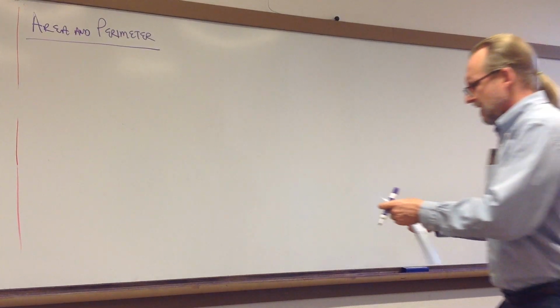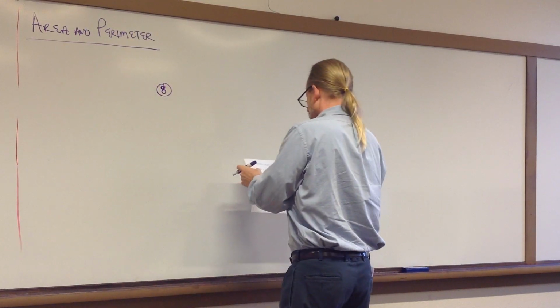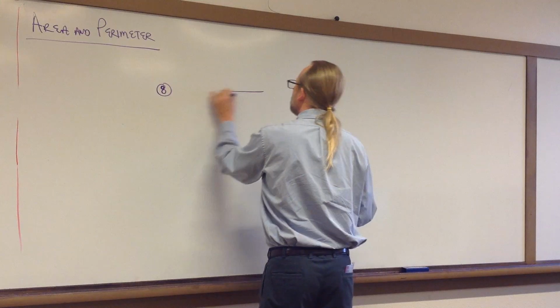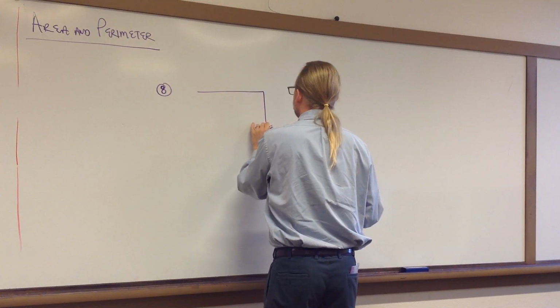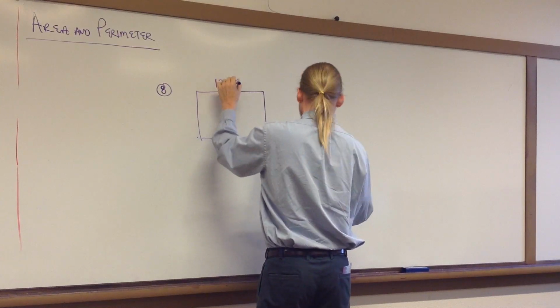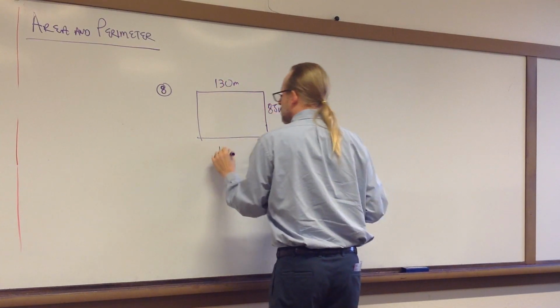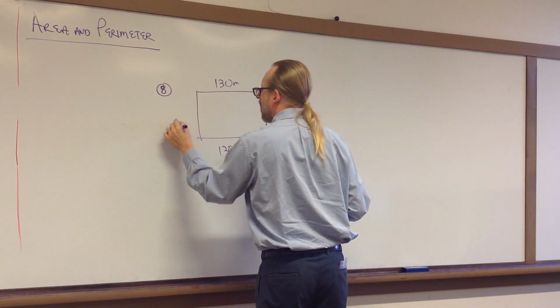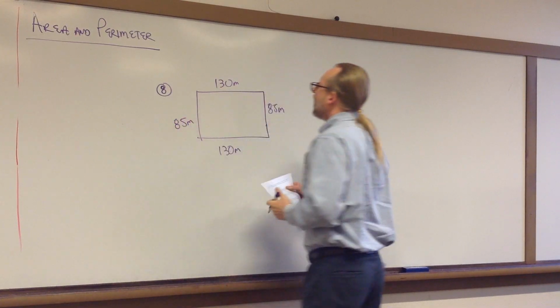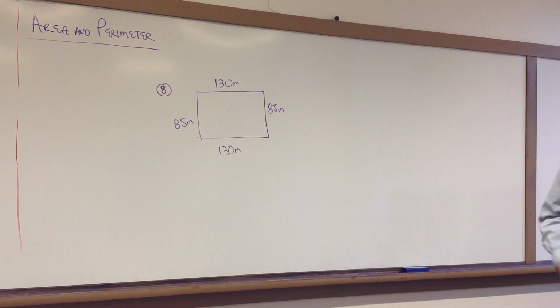Let's do problem 8. What do we have? 130 by 85. So 130 meters, 85 meters. Okay, so let's see here. What's our perimeter?